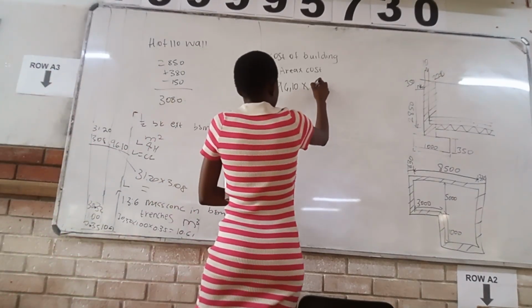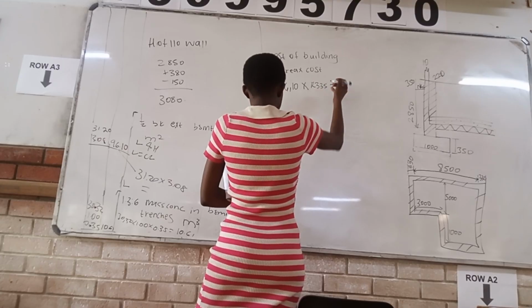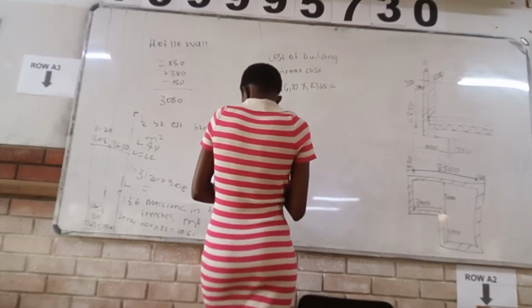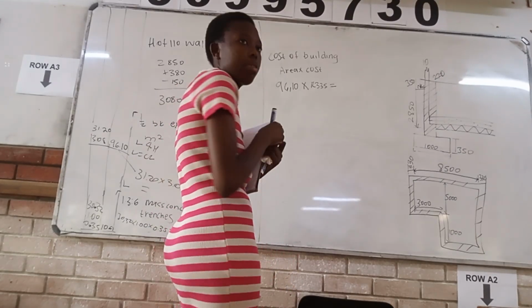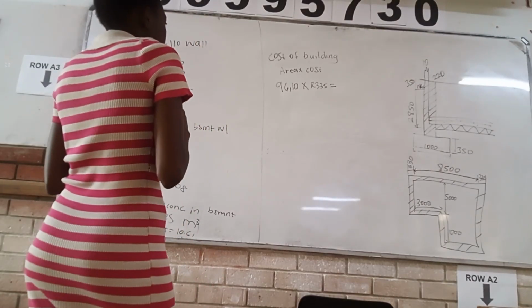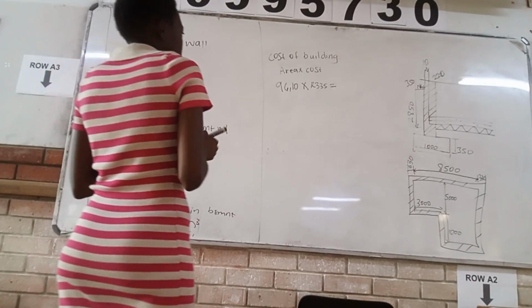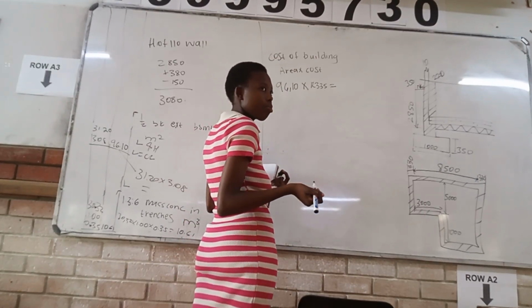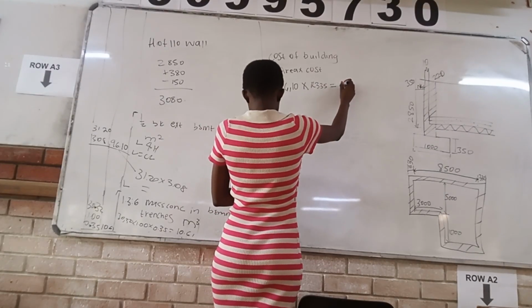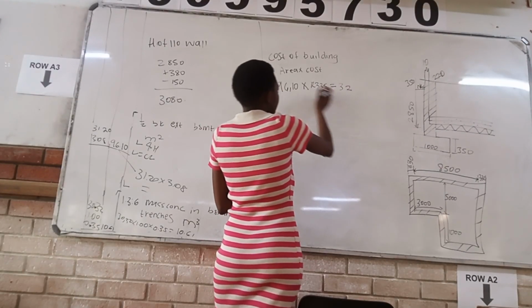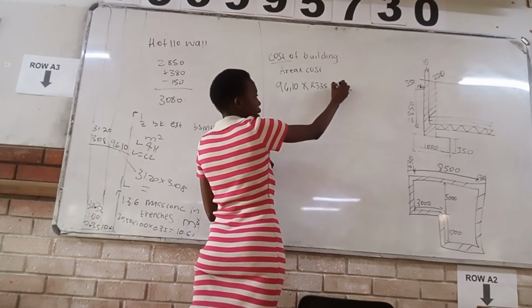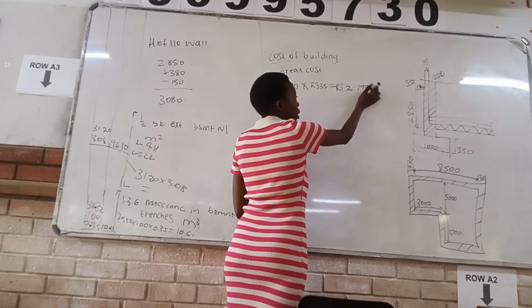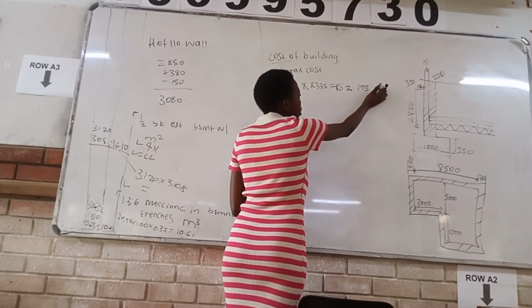So multiply by 335. What do we get? 96,10 times 335 is 32,193,5 rand. So that is our cost.